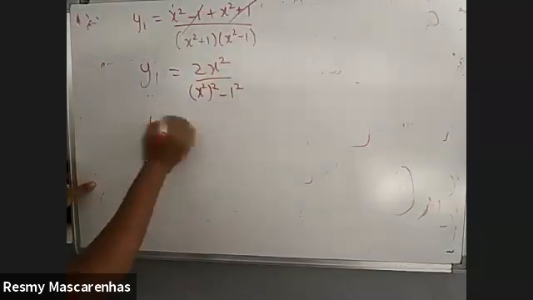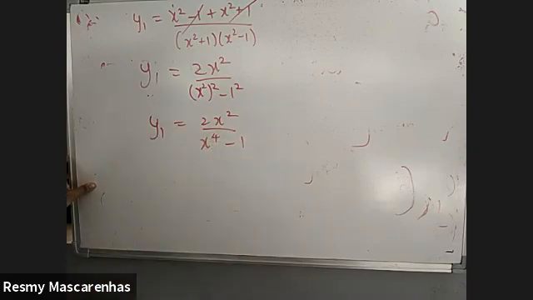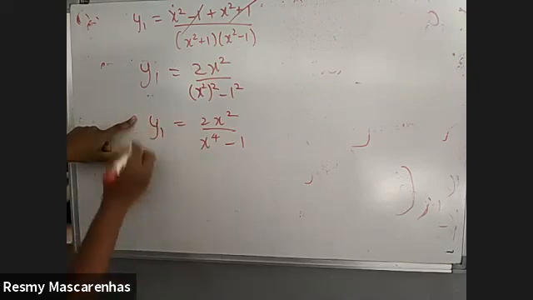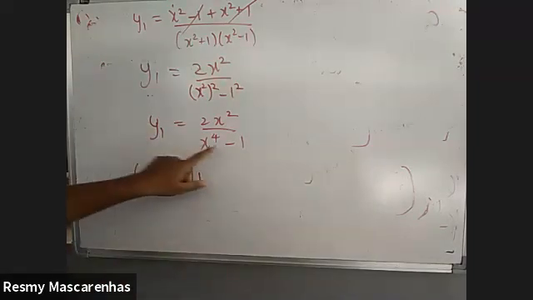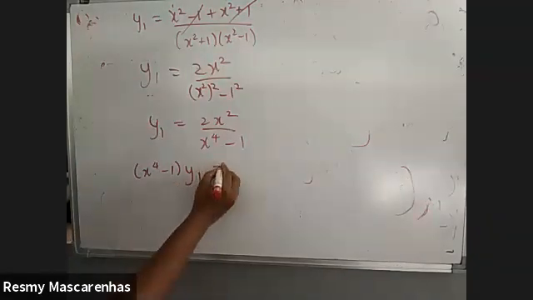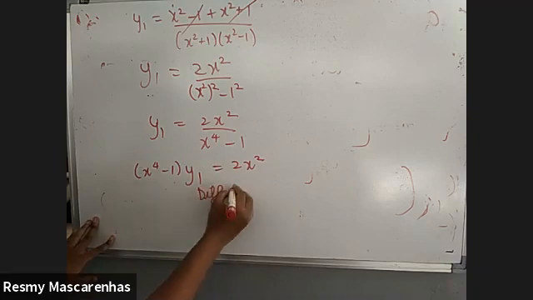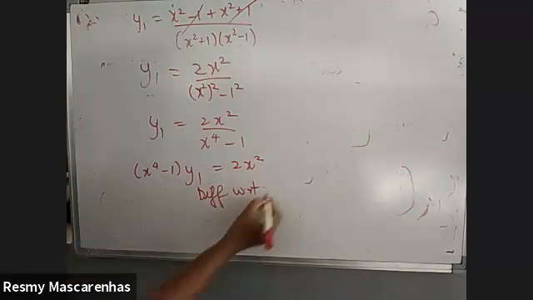So y1 will be equal to 2x square upon x raised to 4 minus 1. Then take this to the numerator on the other side. So this will be x raised to 4 minus 1 into y1, which will be equal to 2x square. And now you differentiate, and then you will get the answer, whatever is expected in the solution.